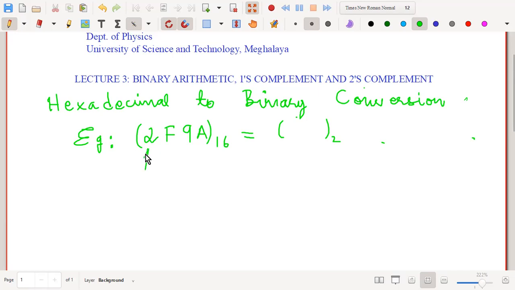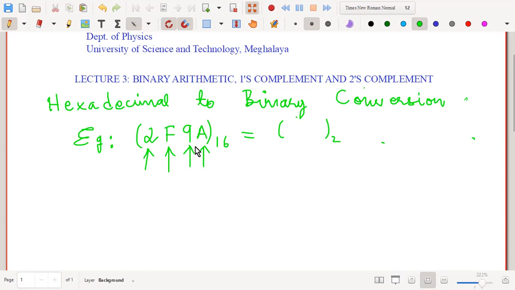In the last lecture I taught you how to draw the table for binary, decimal and hexadecimal. If you learn how to draw the table, then it won't be difficult. So in hexadecimal to binary conversion, we will represent each hexadecimal digit by 4-bit binary information. You can refer to the table for more information.